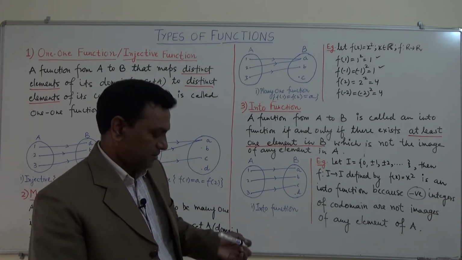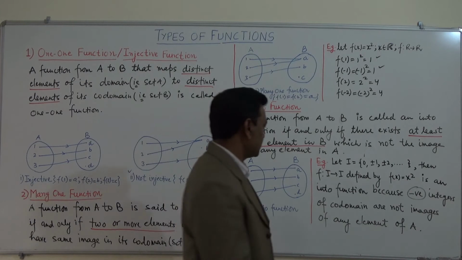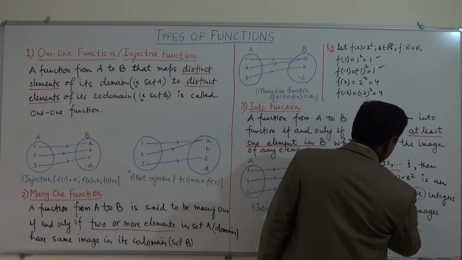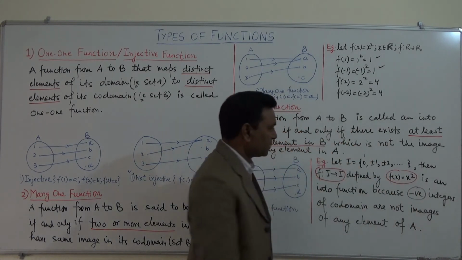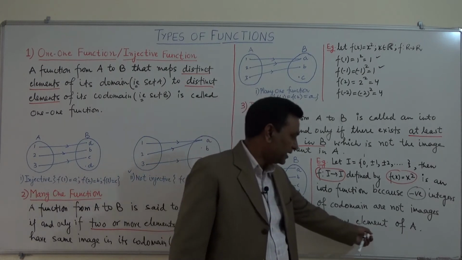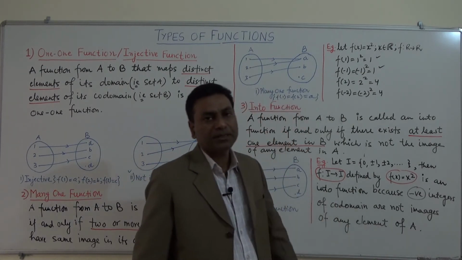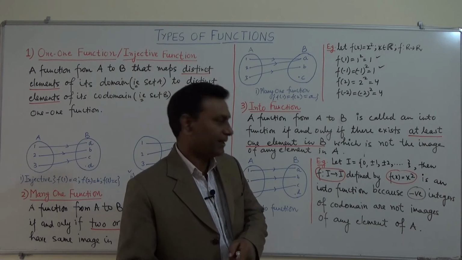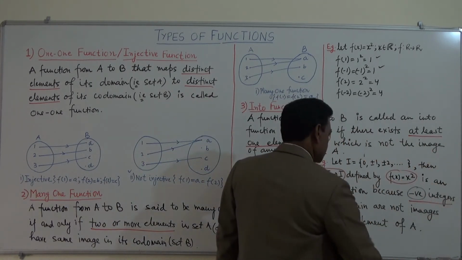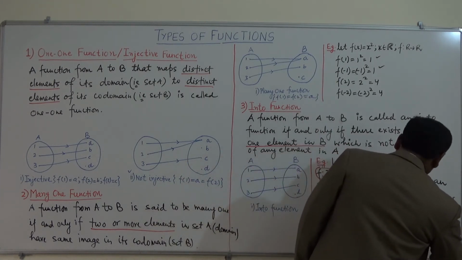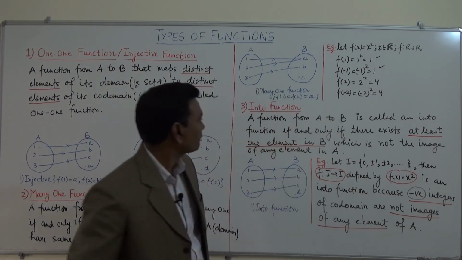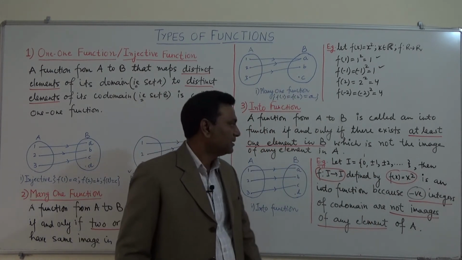So we can say this is an example of into, which is defined by f(x) equals x square, because negative integers of the codomain are not images of any element of its domain, that is set A. Negative integers are not images of any element. So this is the third type.